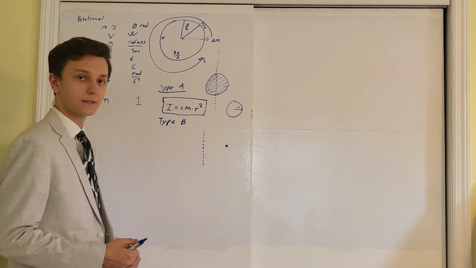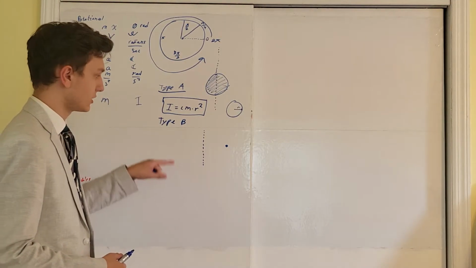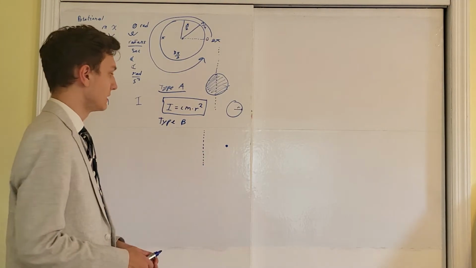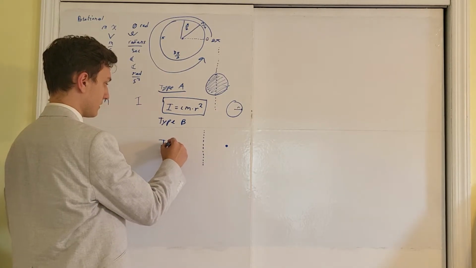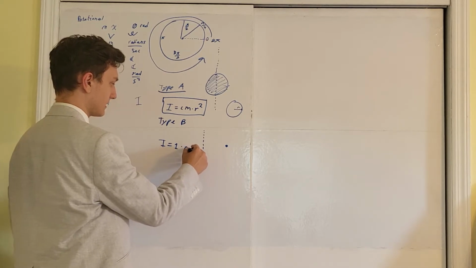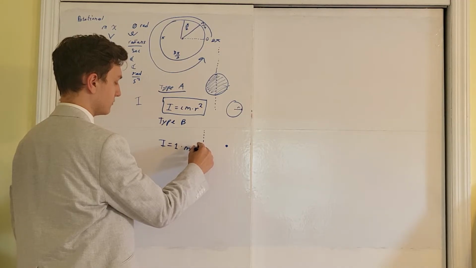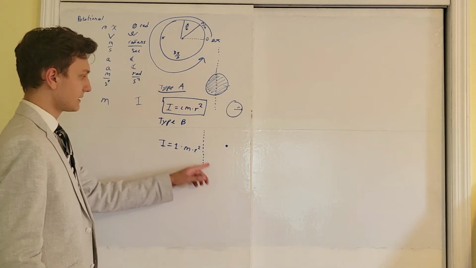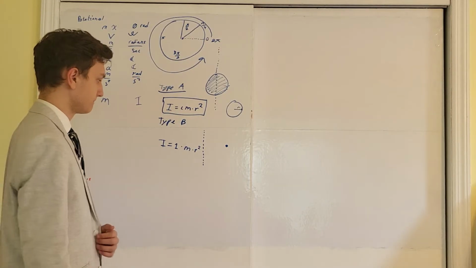So if you find yourself in a situation where you have an axis of rotation that isn't going through your object, then your rotational inertia equals 1 times the mass of the object times the radius of rotation squared. In this example, your constant c is 1, okay?